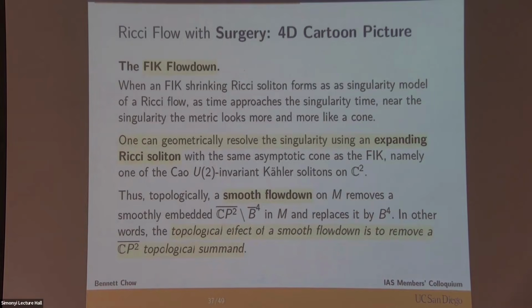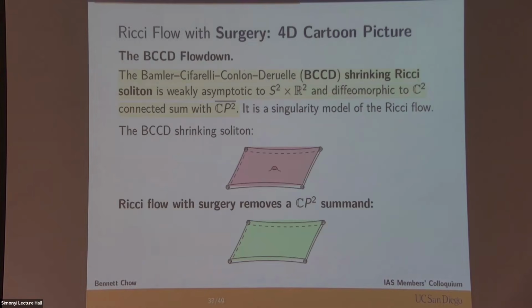Okay, so this, maybe we'll skip this slide, is basically what I was discussing on the previous slide. The idea is that the BCCD shrinking soliton would have a similar flowdown.